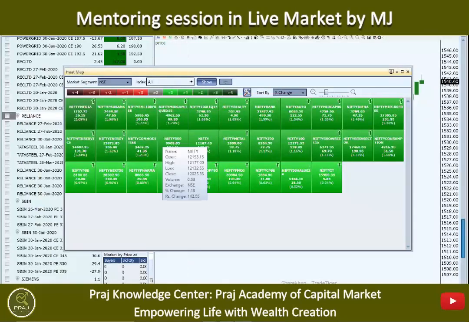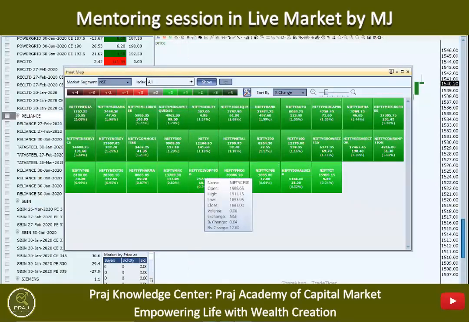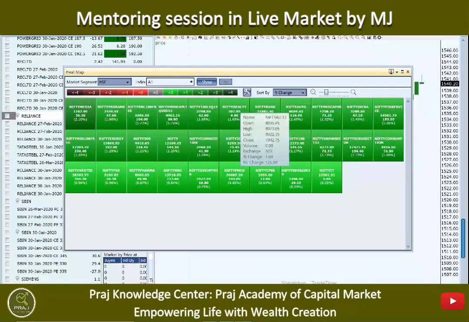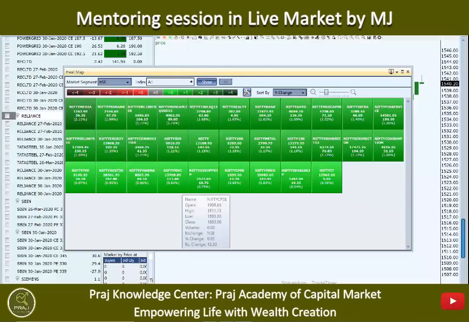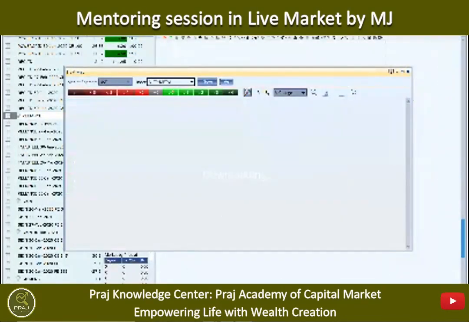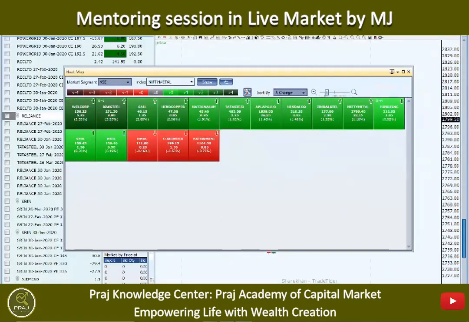Let's say, let's look at Nifty. They will keep on moving up and down. So let's say Nifty metal को हमने choose किया. Nifty metal का क्या क्या है? उसमें क्या क्या stocks है? That comes here.